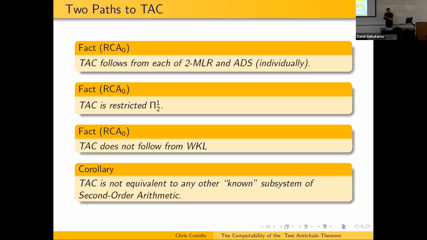Okay, some facts about the tree antichain theorem. It follows from both 2MLR and ADS. So there's a probabilistic, randomness-theoretic proof of this.